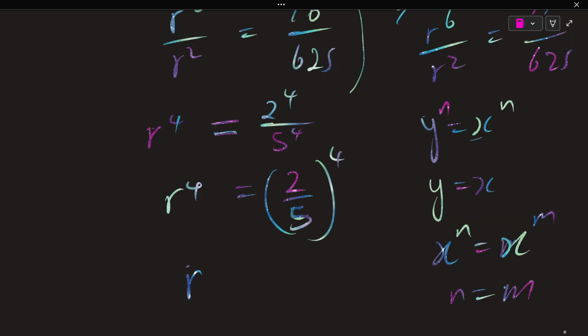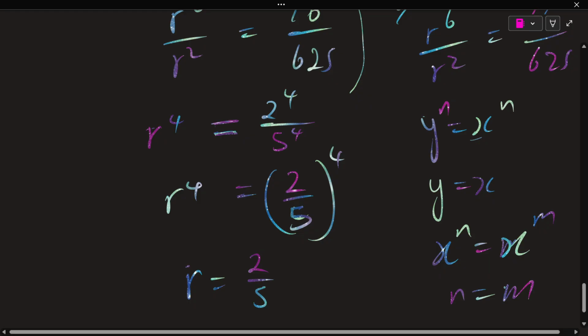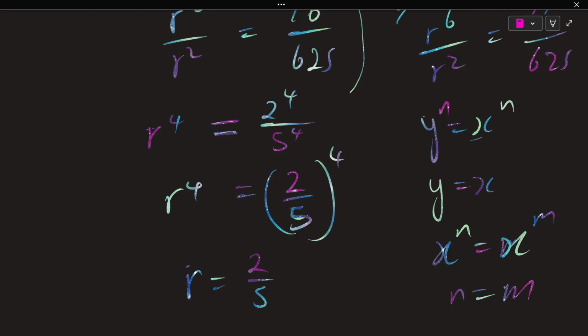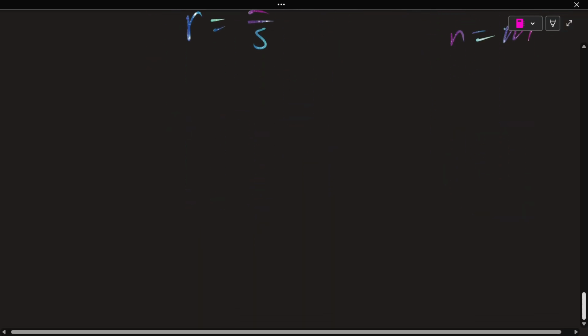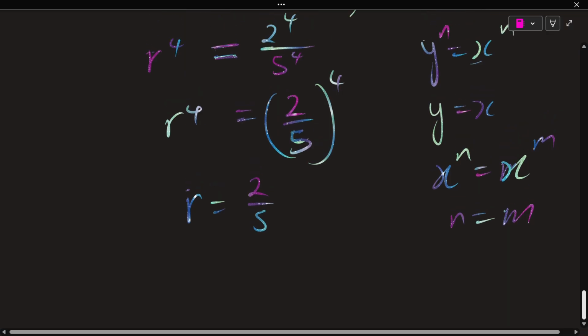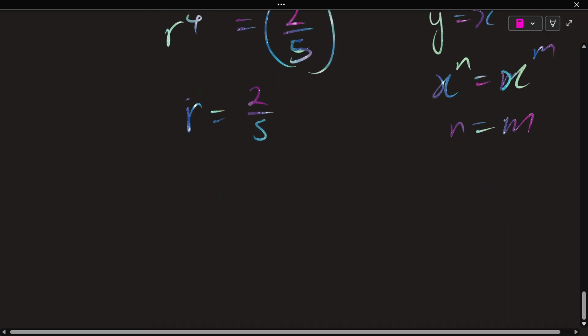In this case we equate the bases. Then r is equal to 2 over 5. We have our r equal to 2 over 5.